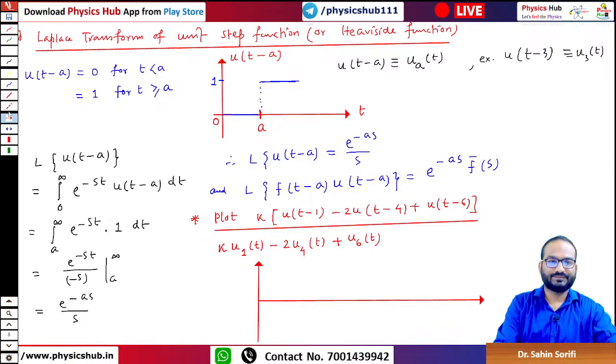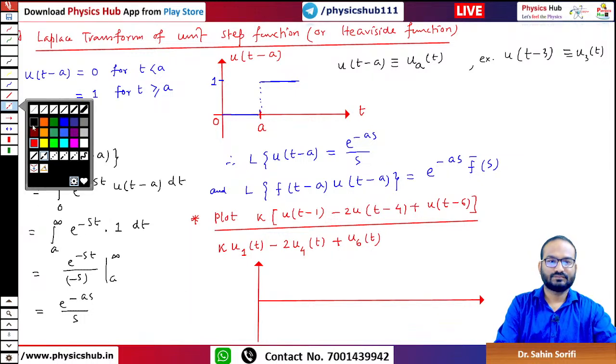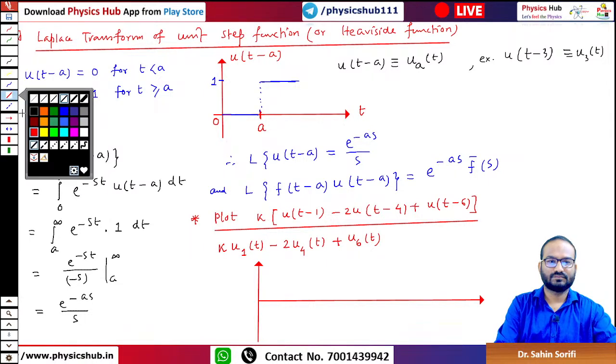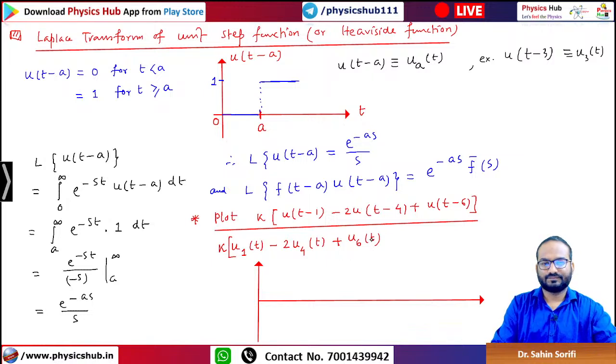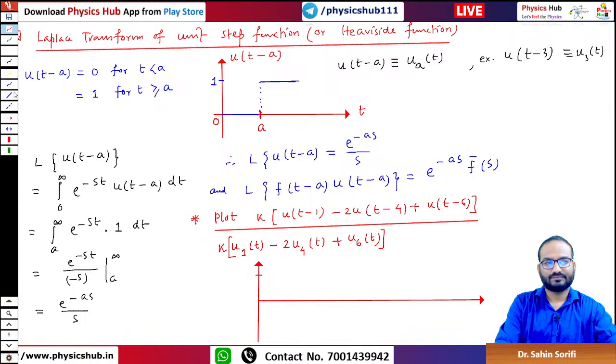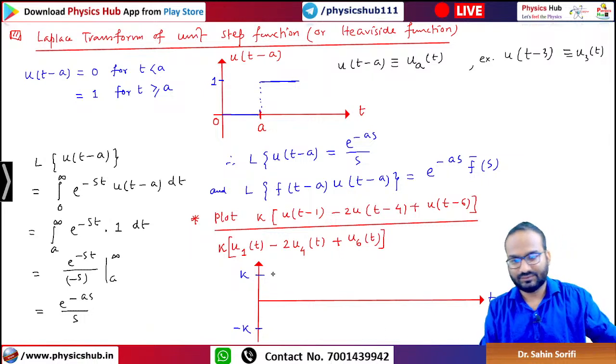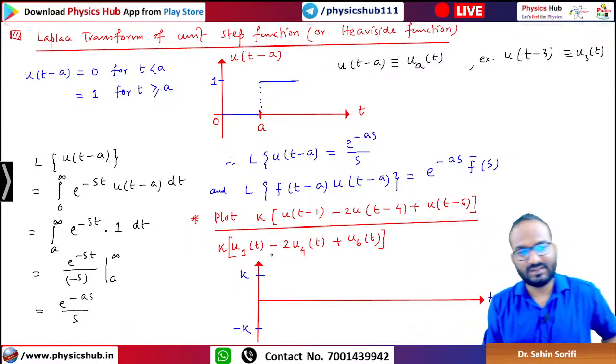So let's plot this. First of all, let's say this is plus k, and this is minus k. This is your t axis. Now notice carefully, u1(t), what does it mean?